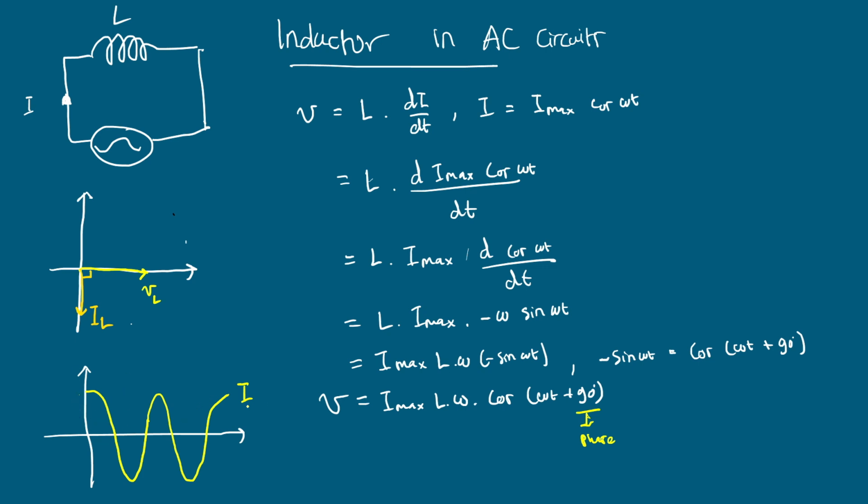And then for the voltage, it is cosine omega t plus 90 degrees, so it leads the current. Maybe we can just use minus omega sine omega t, as we know that sine starts from 0, and because it's a minus sign, we start from the downward direction.